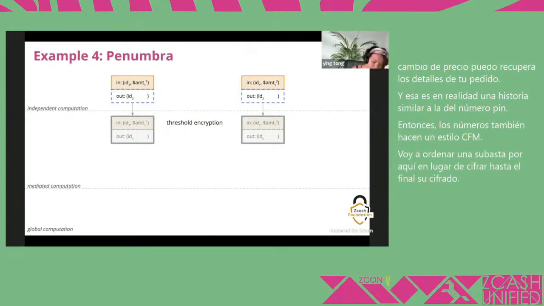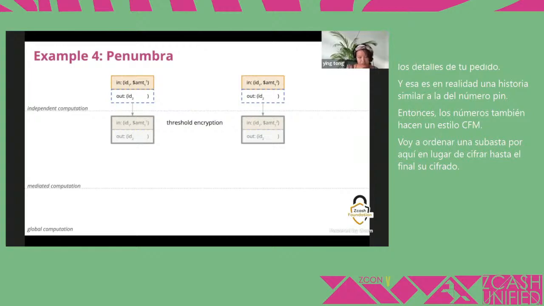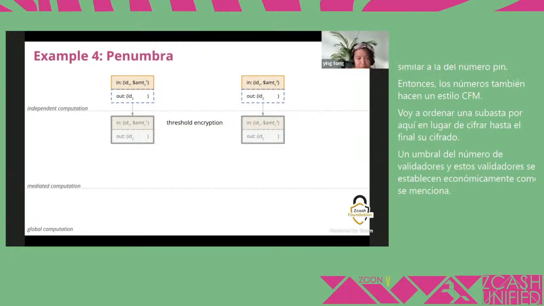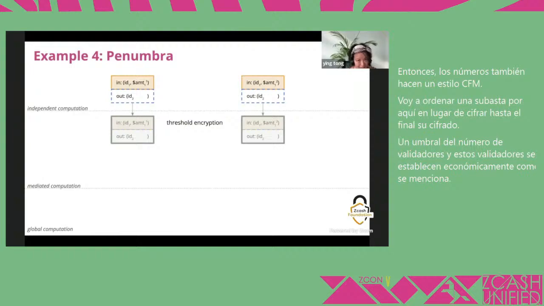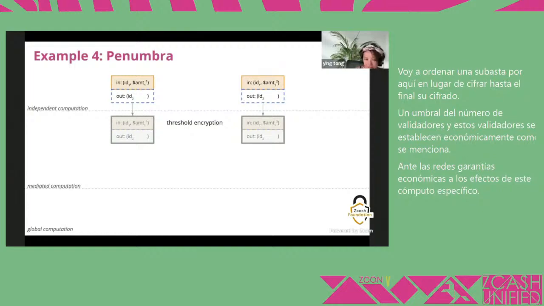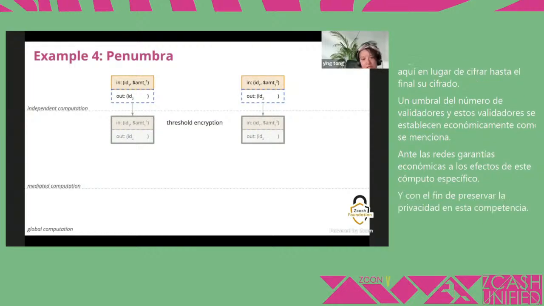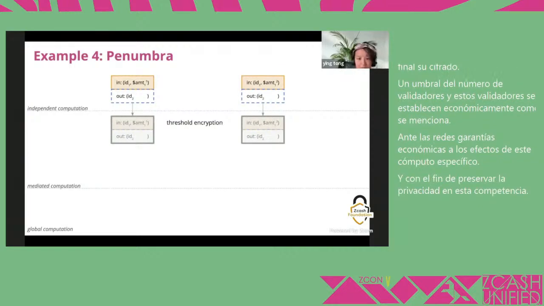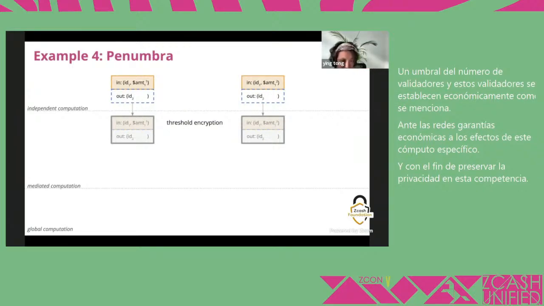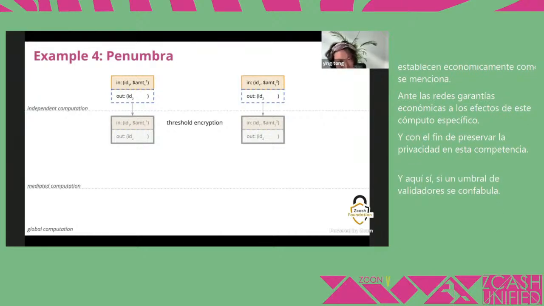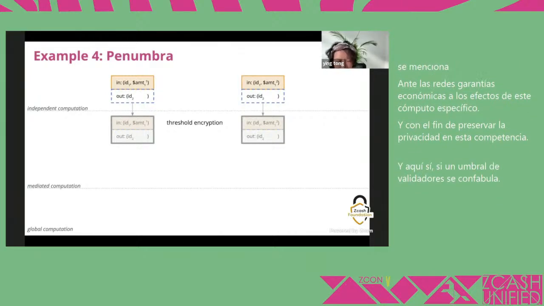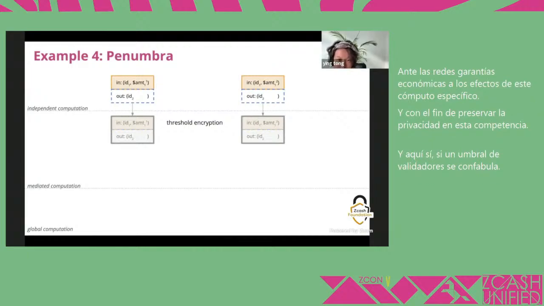So as mentioned before, this is deploying the network's economic guarantees for the purpose of this specific computation, and for the purpose of preserving privacy in this computation. And here, if a threshold of validators colluded to decrypt your swap, then they could front run, but they couldn't change your swap.